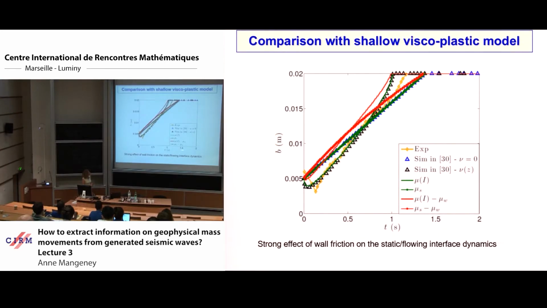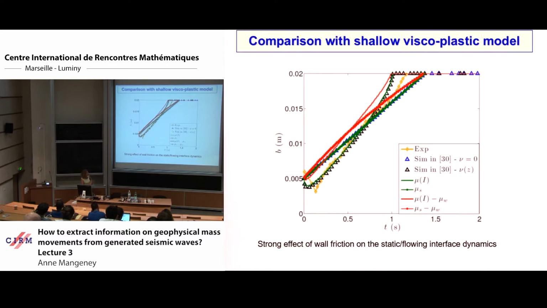So this is time, and here is the erosion layer, so static layer, and here's the flowing layer. At the beginning, you see that the flowing part is going deeper in the erodible layer, and then it goes back to zero as a function of time.